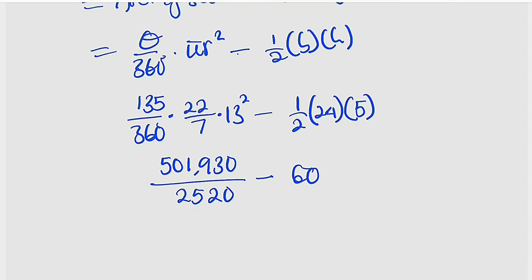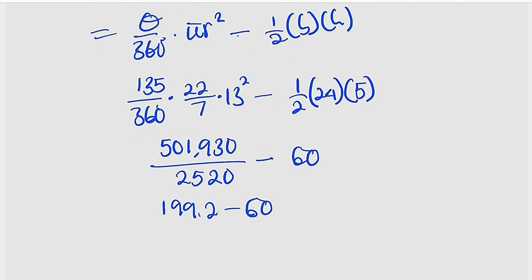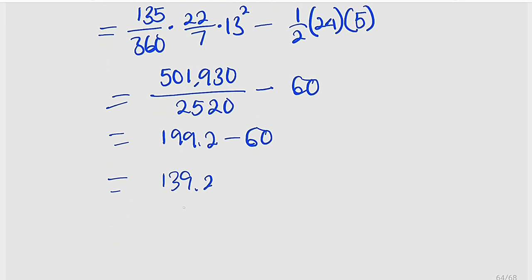So we have 501,930 divided by 2,520. That is approximately 199.2 minus 60. That is 139.2. But they said to the nearest whole number, right? So therefore the area we are looking for is 139 cm squared. And this is just it.